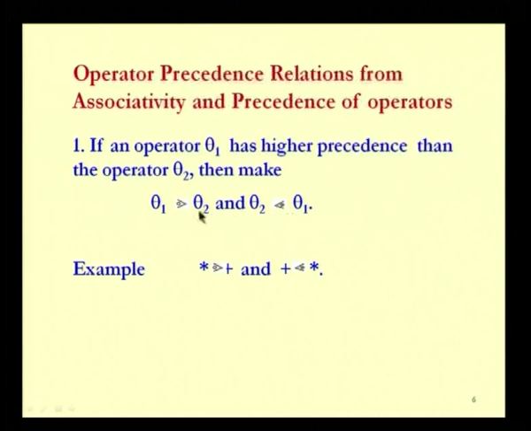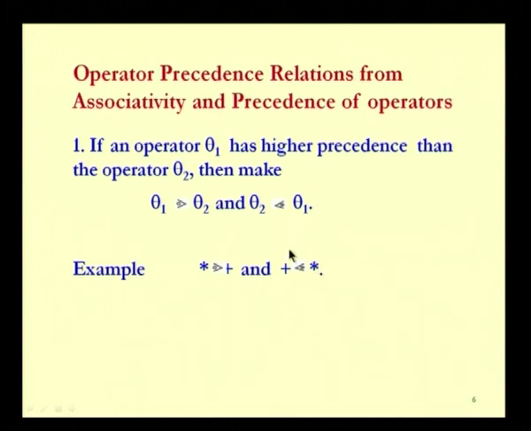So, two things are there: one is theta 1 is greater than theta 2, that is theta 1 takes precedence over theta 2, and the next one is theta 2 yields precedence to theta 1, that is theta 2 is going to be smaller than theta 1. The example here: multiplication is greater than plus, and in reverse plus is less than multiplication.